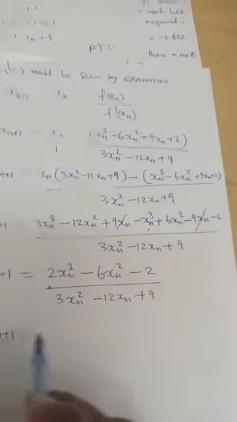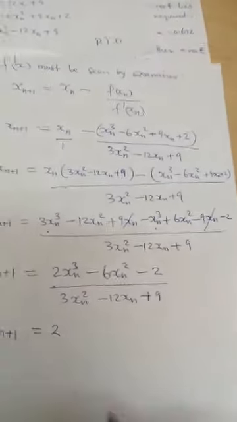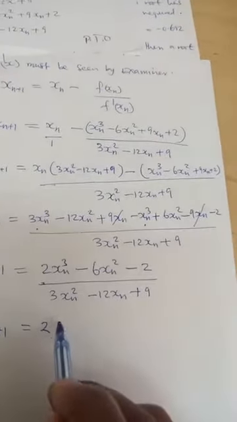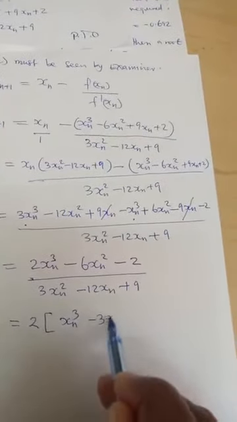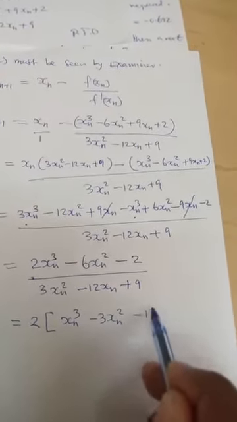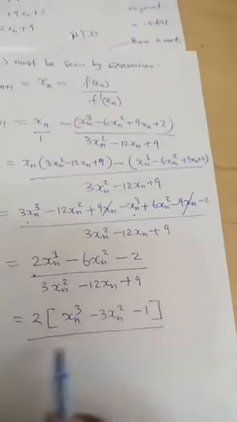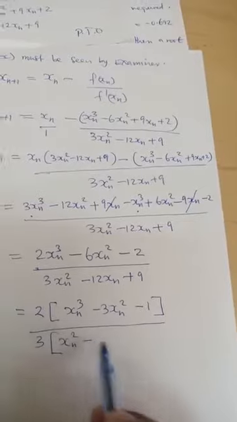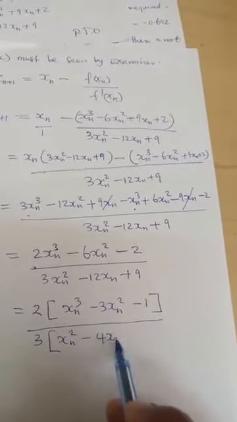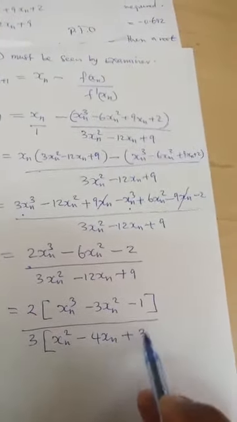If we pull out 2 up, we will stay with xn cubed minus 3xn squared minus 1. And if we pull out 3 down, we'll stay with xn squared minus 4xn plus 3.